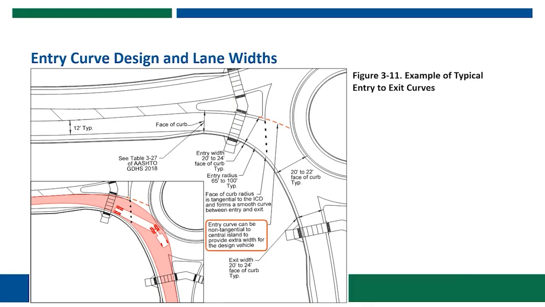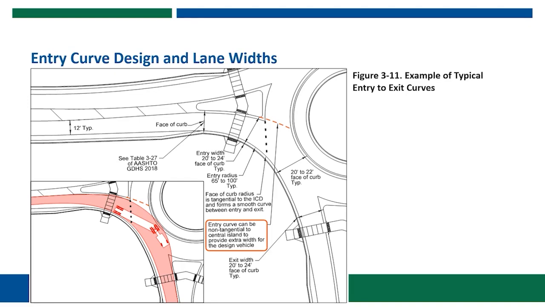The fifth and last of the design considerations is entry and exit design. Figure 3.11 in the slide illustrates a typical layout showing roadway dimensions for entries and exits. The right side curve near the roundabout entry, also called the entry radius, helps to control entry speeds and is typically between 65 to 100 feet.